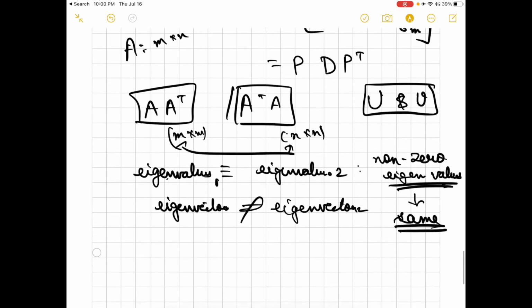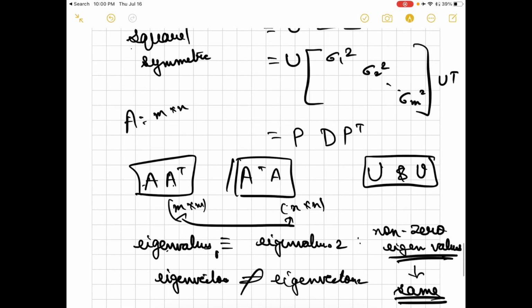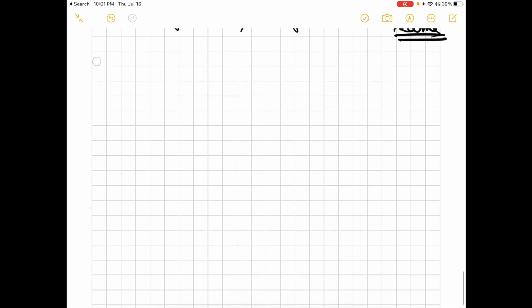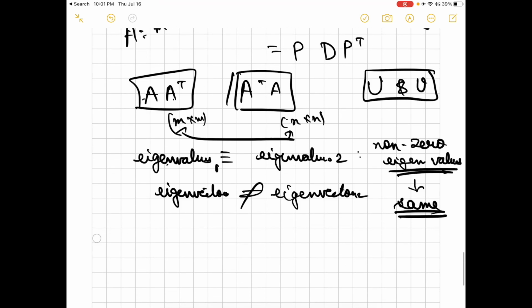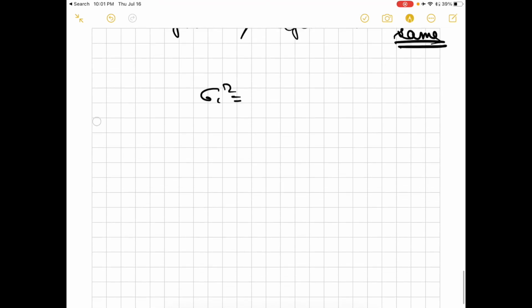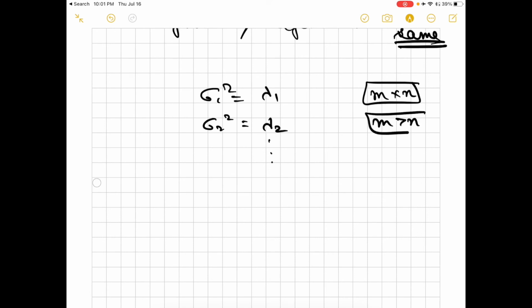So now, just by looking at A transpose A, we can determine the value of U, the value of V, and we can put in the lambdas along the diagonal, so sigma 1 square would be equal to lambda 1, sigma 2 square would be equal to lambda 2, and so on, for everything that is non-zero. If A has size m cross n, and m is greater than n, let us say, then the size of sigma is going to be m cross n.